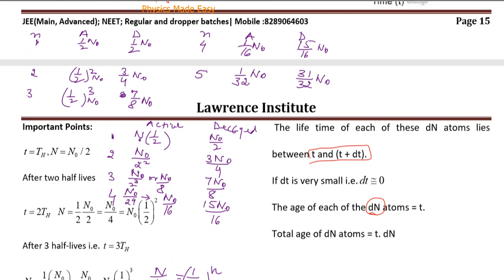We have N naught atoms at time t equal to 0 and N atoms at time t.